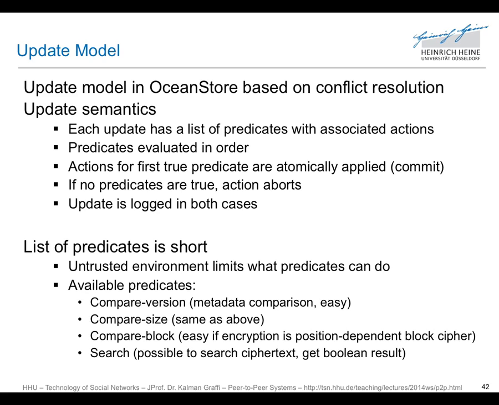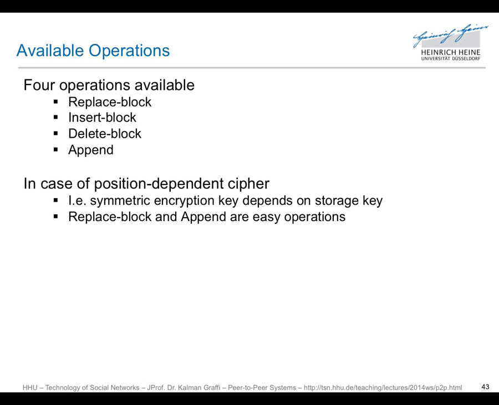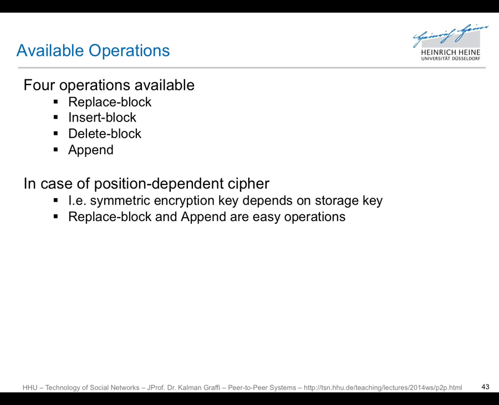So you can modify that object, and if no predicate is true, so if it's not valid, then you abort the action, and there should be some logging of what has happened, so that there was a change or an attack or invalid change. Okay, what kind of options can we have? Either to replace a block, insert a block, delete a block, or append a block. This is well defined now.